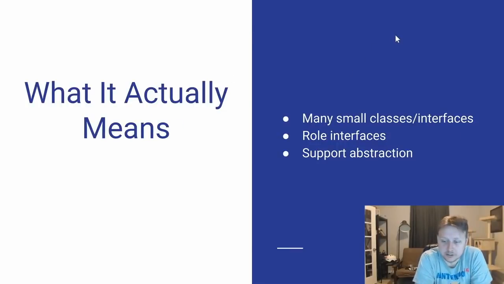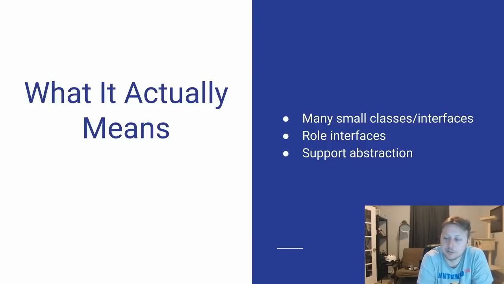Well, it supports what we've been talking about, which is smaller classes or interfaces. This idea of role interfaces is essentially breaking out into the smaller classes and interfaces that should be defined, and we'll give an example of that.